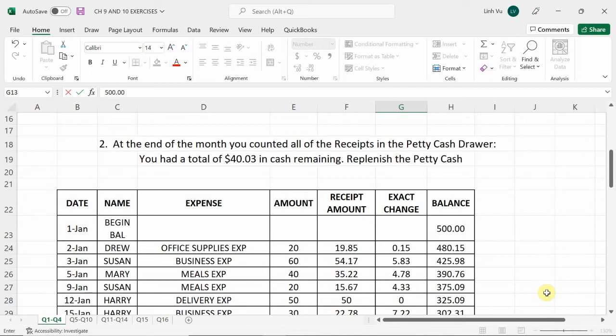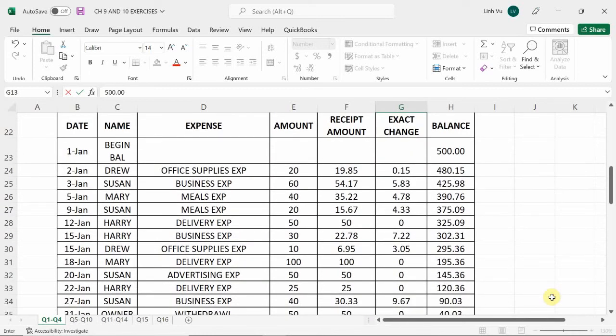Here is the petty cash drawer ledger from the manager. This is what they recorded: these individuals took out these monies for these expenses, and this is what they brought back the receipt for. This is the amount of change, and this is what is remaining in the petty cash drawer.